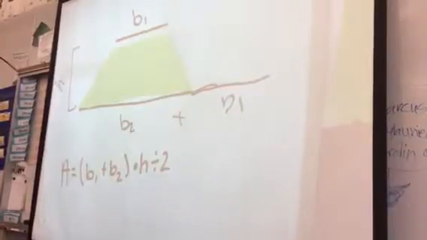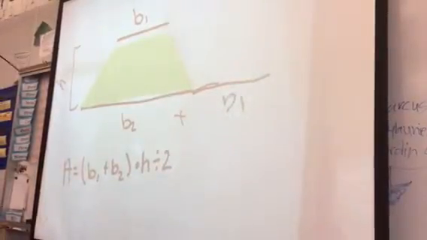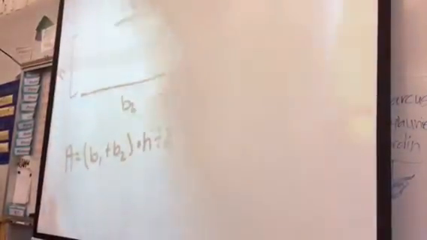So in our math journals, let's go ahead and fill this in now that you guys understand kind of why that's the formula that we're using, okay? So in your math journal, zoom in, let's go ahead and draw a trapezoid, okay? So here's my trapezoid.